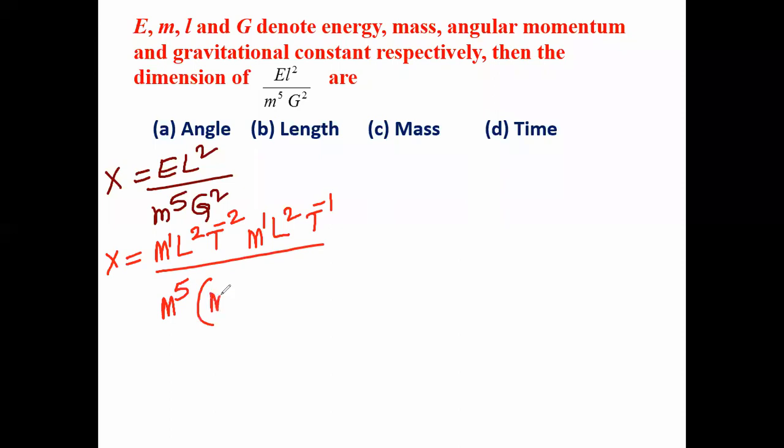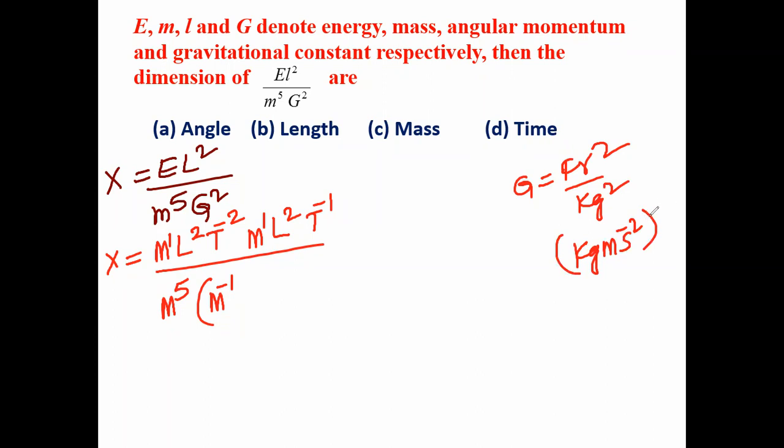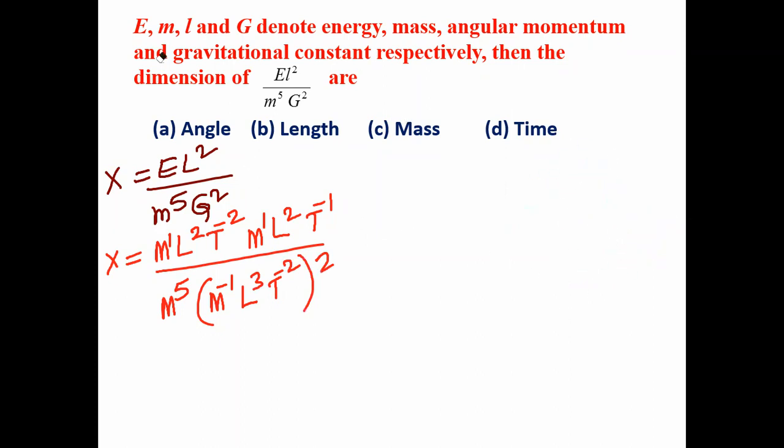G is equal to force times r square divided by kg square, that is kg meter per second square, times meter square per kg square, so M^-1 L^3 T^-2. This is the universal gravitational constant.